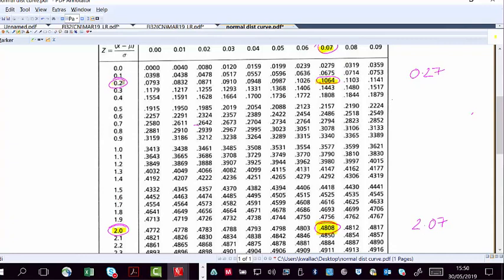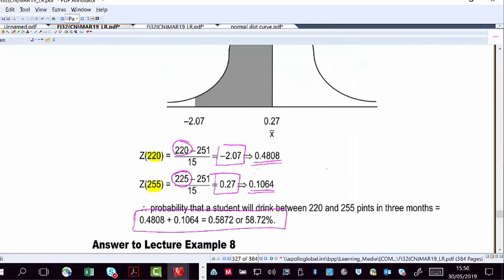And our z-score of 0.27 gives us 0.1064, or 10.64%. We take that information back to interpret the data.